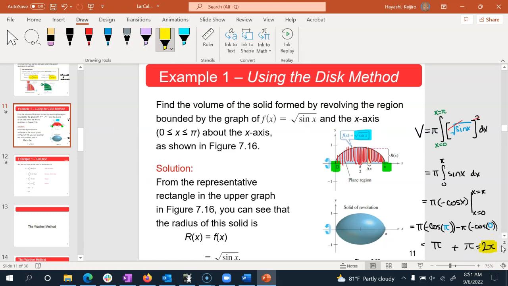So that's the volume of this solid of revolution. It is 2 pi cubic units in volume, which is to say it occupies somewhere around 6.28 cubic units.